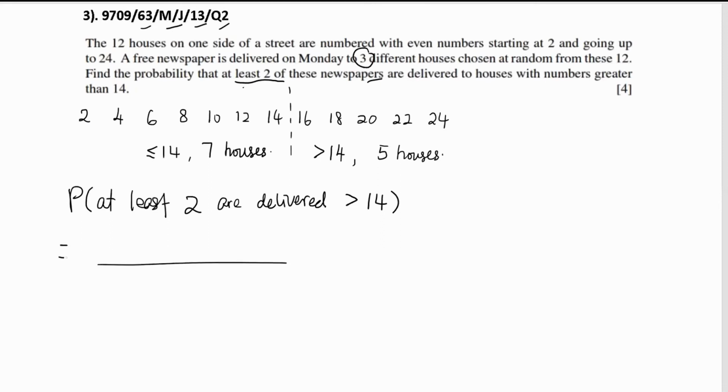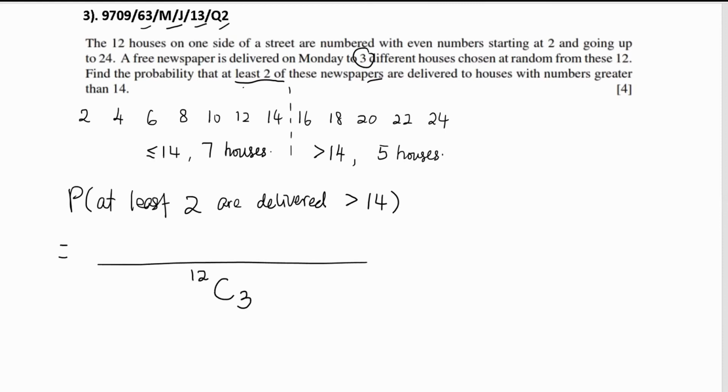Let's consider the denominator. What is the total number of ways to deliver 3 newspapers to 3 different houses? There are 12 houses, and we simply select any 3 of them, correct? That means the number of ways is 12C3. This is the number of ways without any restrictions, the total possible outcomes.